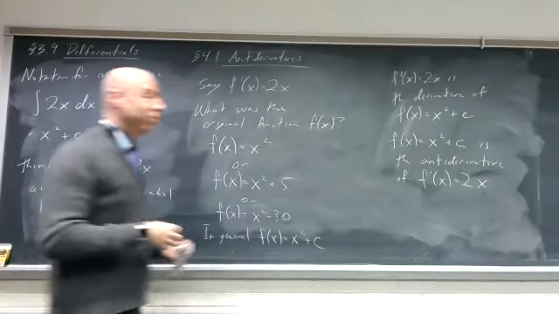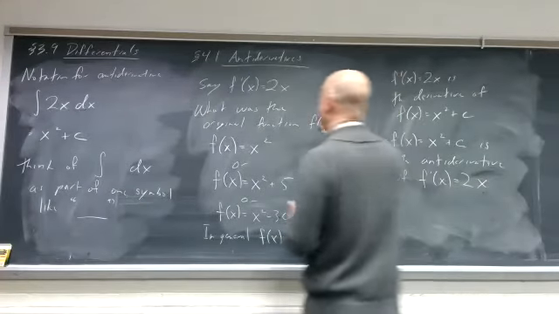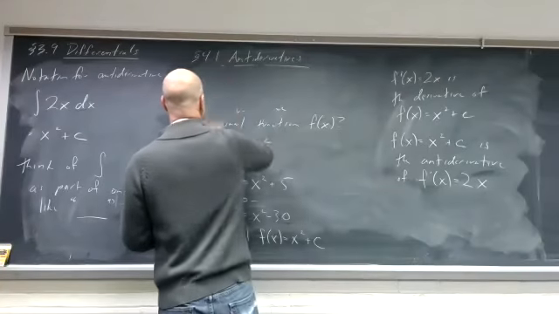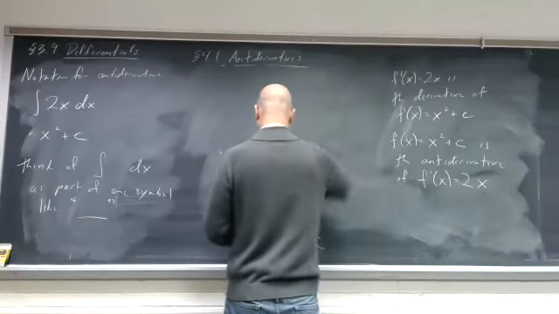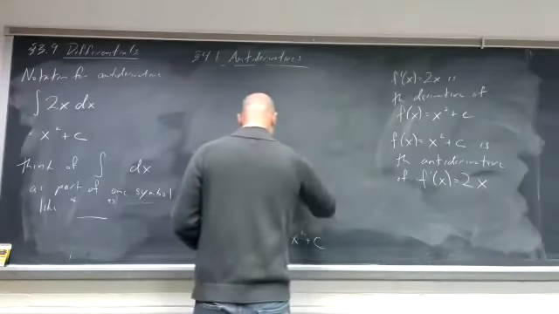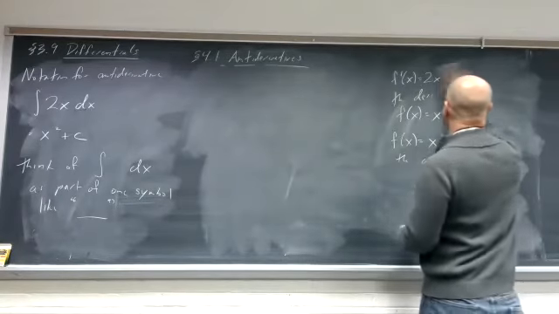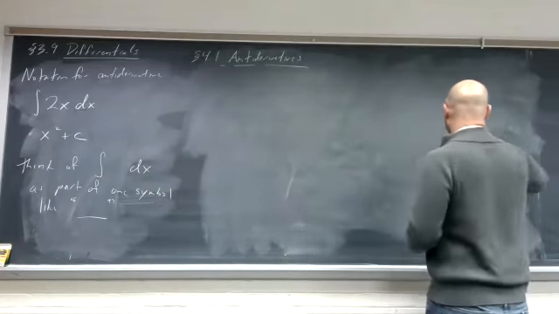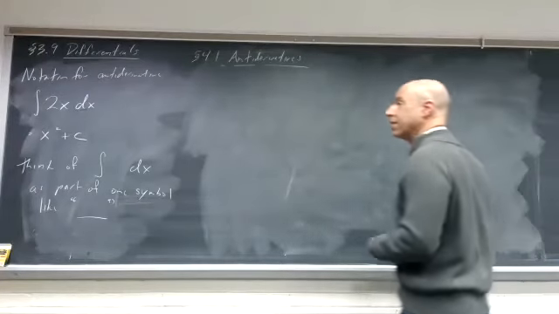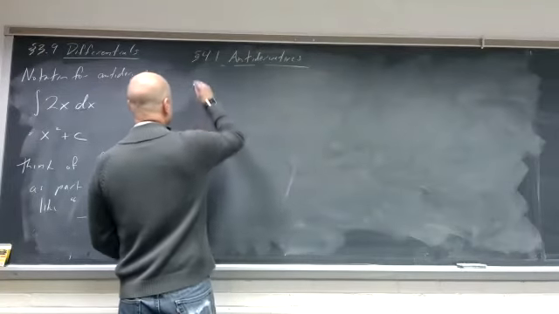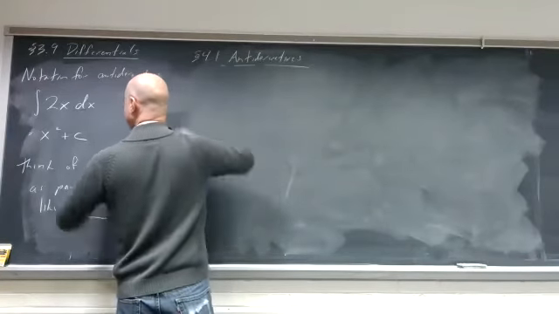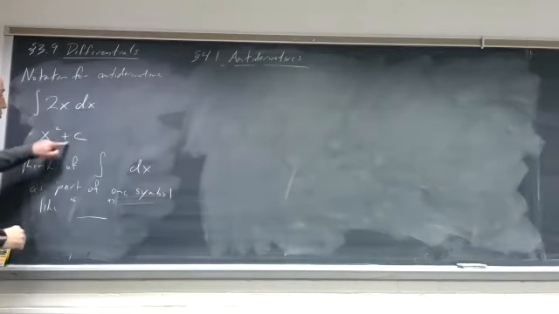So let's do some antiderivative problems. So we've done our first one already. The antiderivative of 2x is x squared plus c.